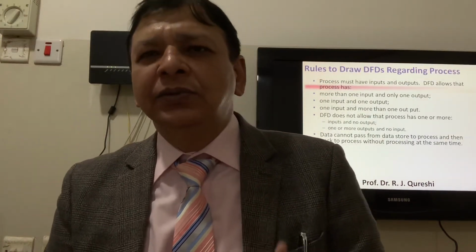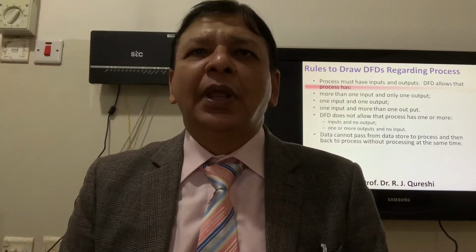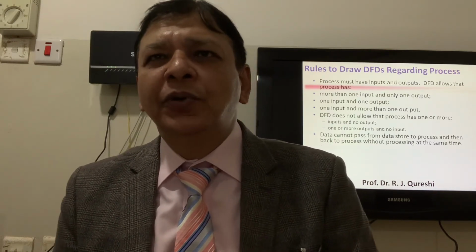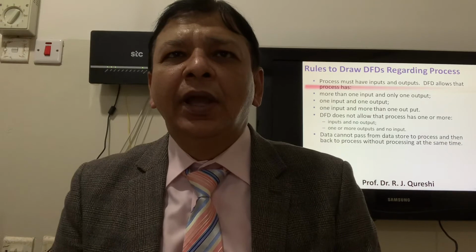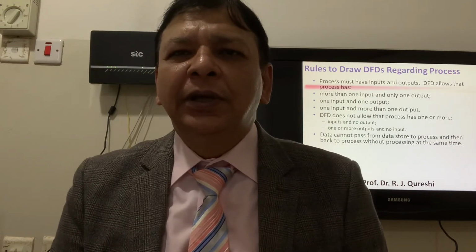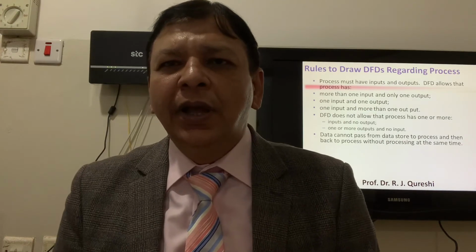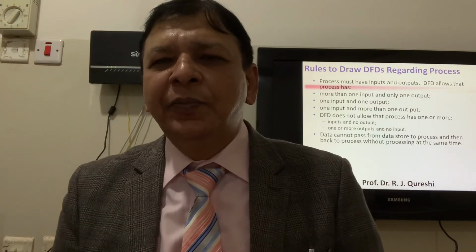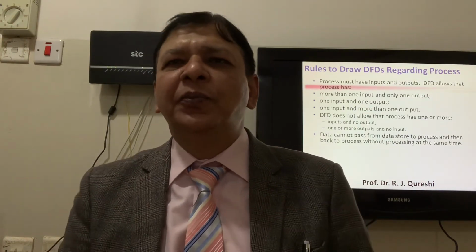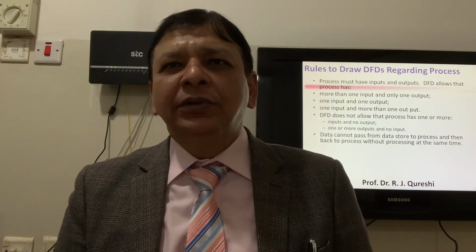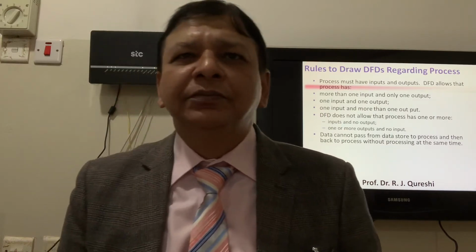There are rules to draw a data flow diagram. Like, a process must have input and output. It is not possible that a process has input and there is no output. It is not possible that a process has output and there is no input. More than one output or more than one input is possible.